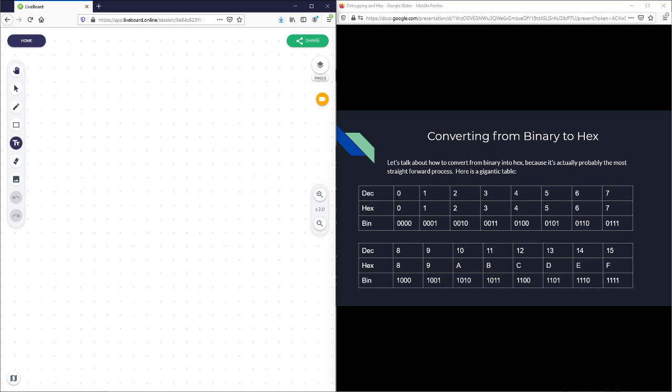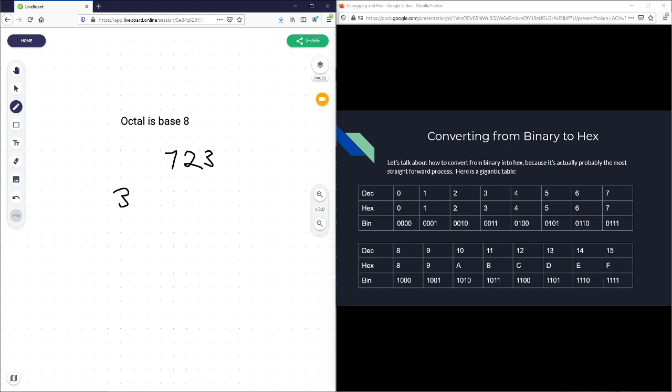I think probably the most useful purpose of octal is some older computer systems that, instead of having 8 bits per byte, would have something different. Octal is base 8, and so instead of having 0 through F, you would just have 0 through 7. You can write a number like 723, and that's an octal number.